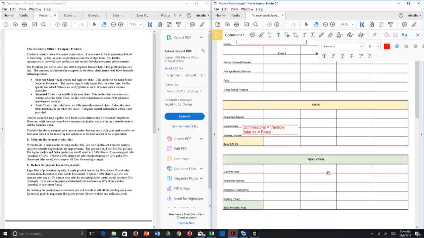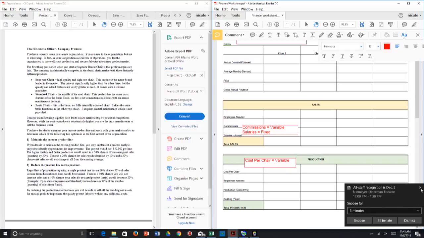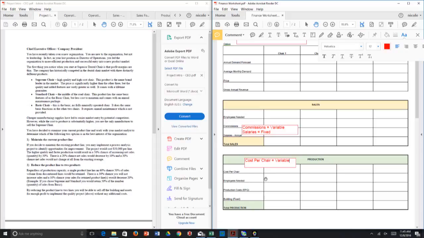So what about our production? They're a little bit different, right? Our cost per chair is variable, right? Because our total cost per chair stays the same, but how much our total cost comes from how many chairs we make times the total cost per chair.